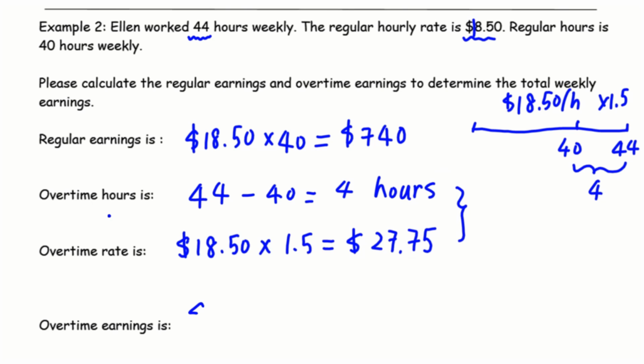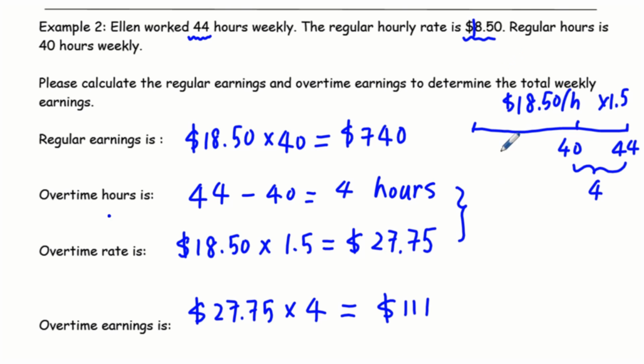So it will give you 27.75 times 4 hours. Then you will get your calculator out and do the calculation. It's $111.